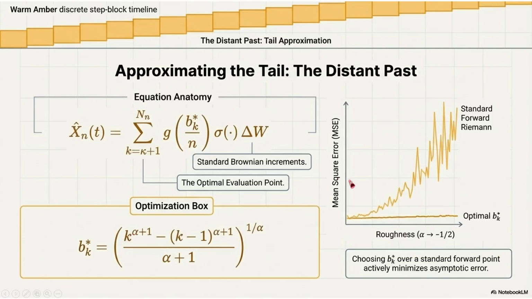As you can see here in this chart, choosing the specific optimal point over the standard forward point actively minimizes the MSE, keeping it flat at 0.